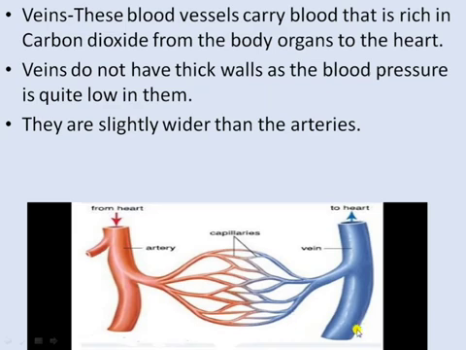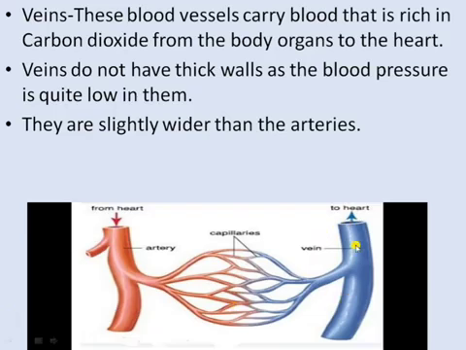These veins carry deoxygenated blood from all parts of the body to the heart, except only the pulmonary vein. The pulmonary veins carry oxygenated blood. In the same way, arteries carry oxygenated blood, except the pulmonary arteries, which carry deoxygenated blood.